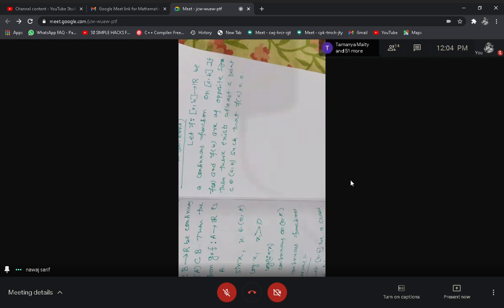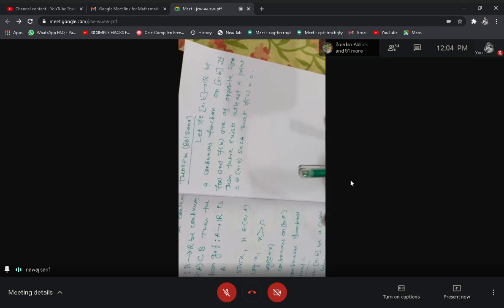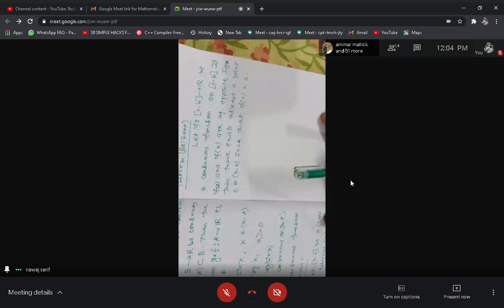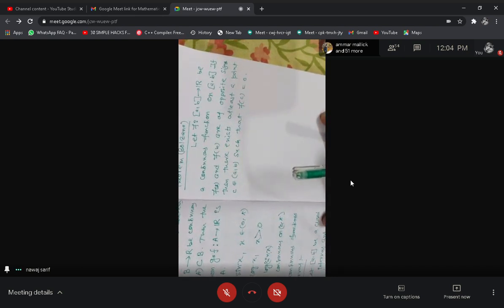Sir, what is the meaning of this one? f(x) is continuous in this interval, and this theorem tells us that f(a) and f(b) are of opposite sign. Opposite sign meaning 1 and minus 1 sign. And for a function, if it takes opposite signs, what does this tell us? Sir, between the two there will be a critical point? What is a critical point?